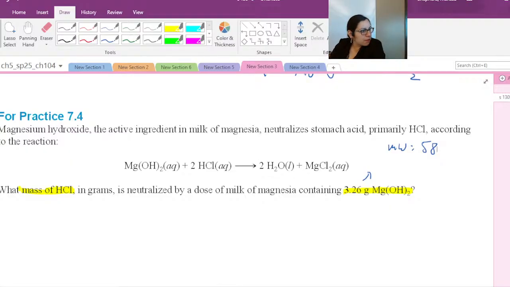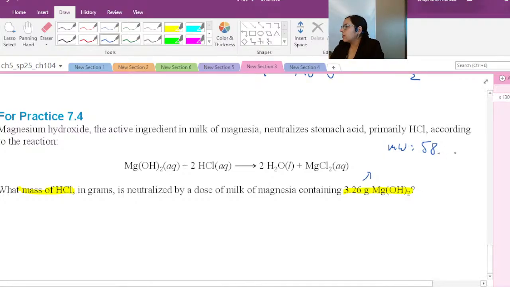So do we have 58 something? It can be 58.29. So 58.29, or you might have another answer.